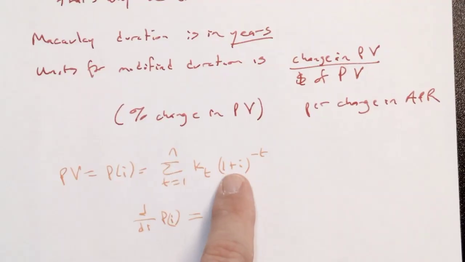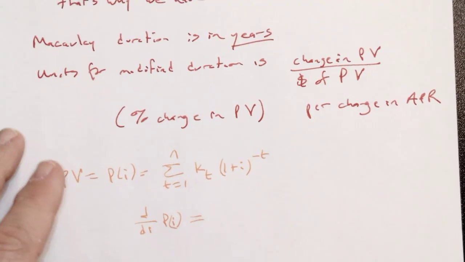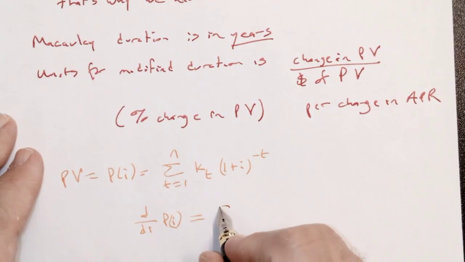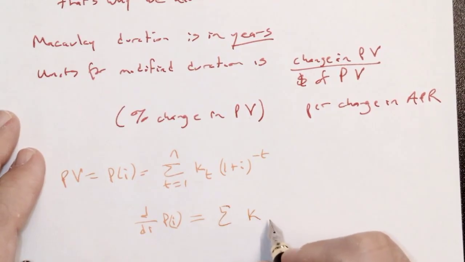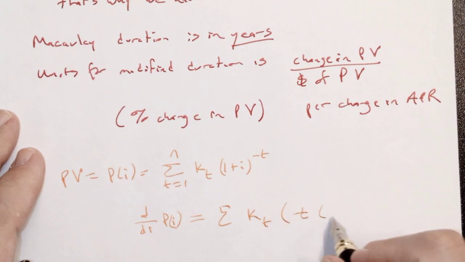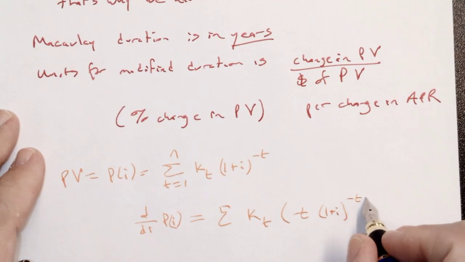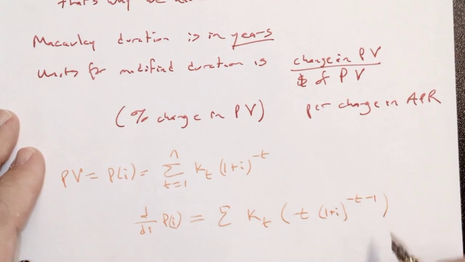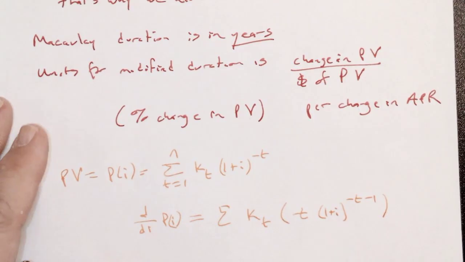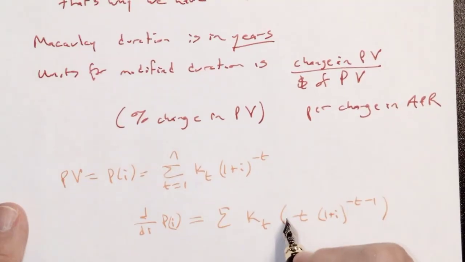I'm looking at change in I. All right, so that's the sum of k_t times minus t times (1 plus I) to the minus t minus 1. Then I take the derivative of the inside with respect to I, but that's 1. Oh, there should be a minus sign more clearly visible there because it's minus t.